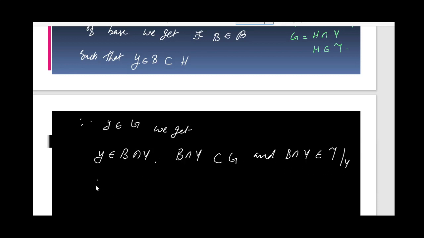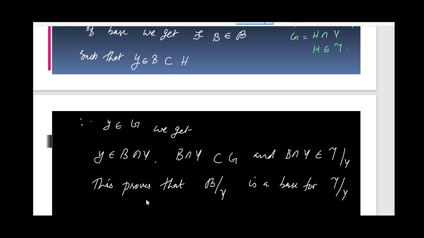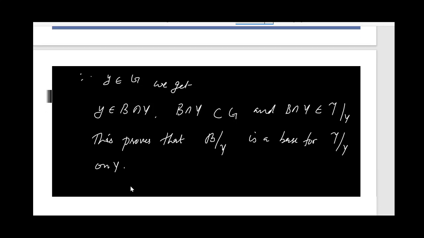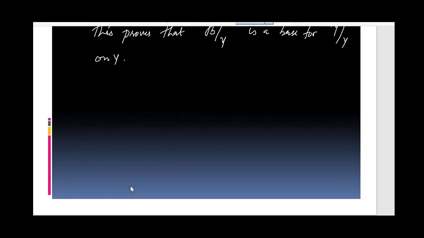This proves that script B restricted to Y is a base for T restricted to Y on Y. So we have proved that if a base of a topology is given, the base of the subspace can easily be found as that base restricted to Y.